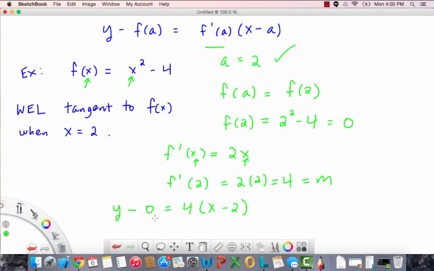Now, we don't need to write this 0, so we're going to just omit it, and we'll distribute this 4, so we get 4x minus 8. So let's write this up here. y equals 4x minus 8. And we're going to graph f of x and graph the tangent line so that you can see that we're definitely in the ballpark.